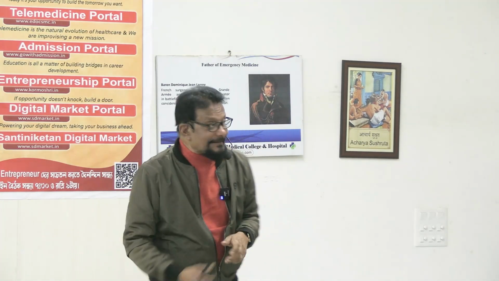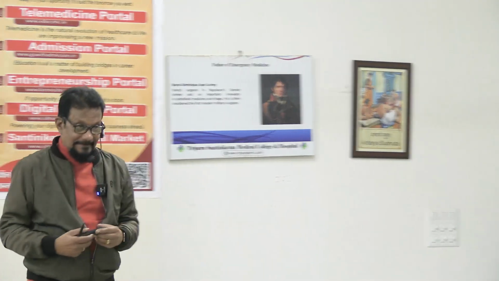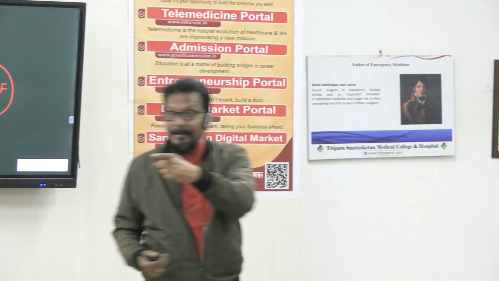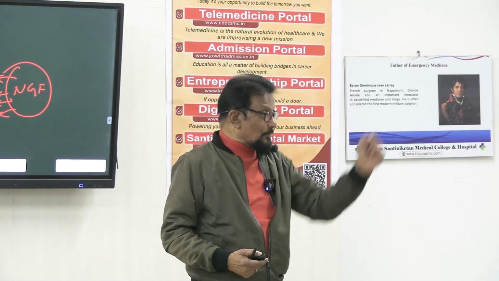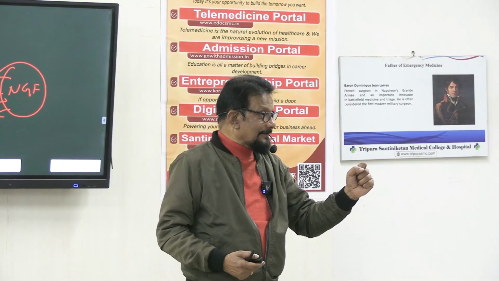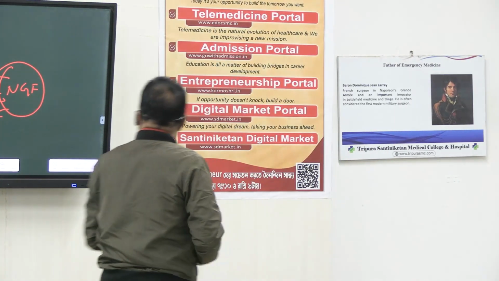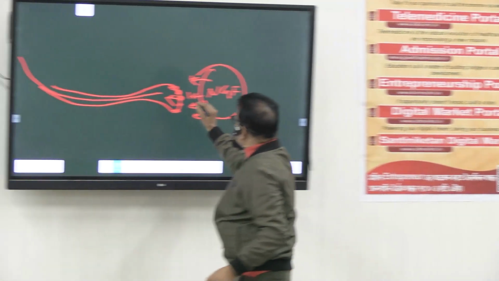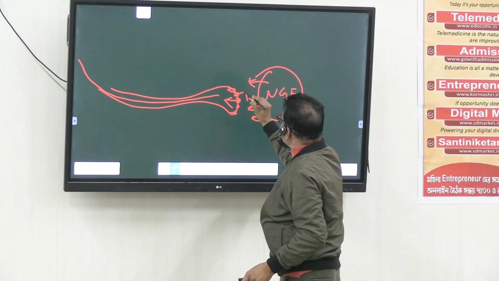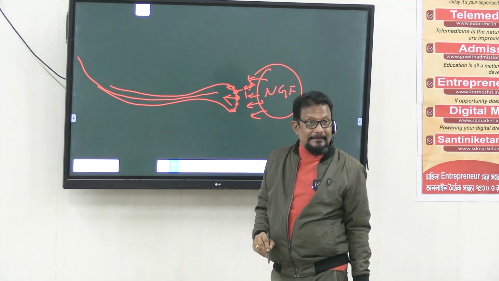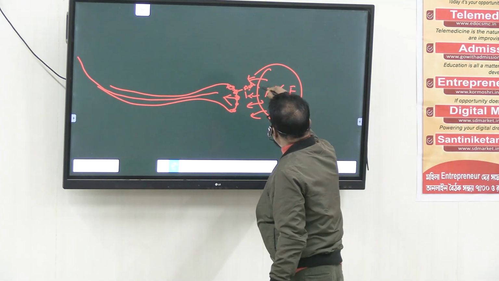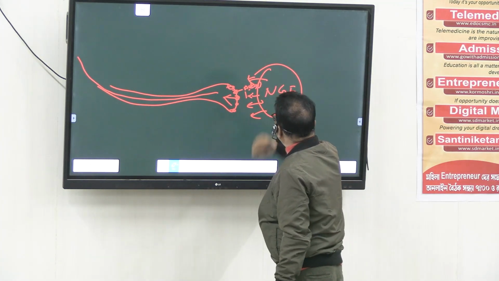Some are ligand gated channels. Example of ligand? Ligands are hormones or neurotransmitters. So these cells secrete acetylcholine. This is a ligand. Now there is a binding site for acetylcholine.